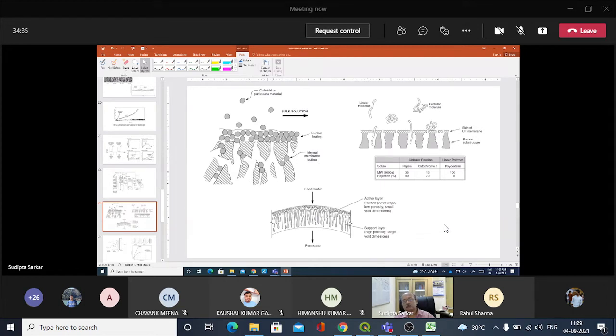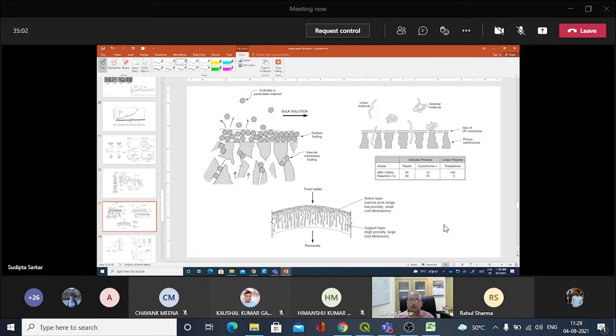Normally we do backwashing, just like the filters, to get rid of these particles here. If you reverse the flow, then these particles will get dislodged and will come out. Now if the particles get inside the tortuous pores of the membrane, they cannot come out.